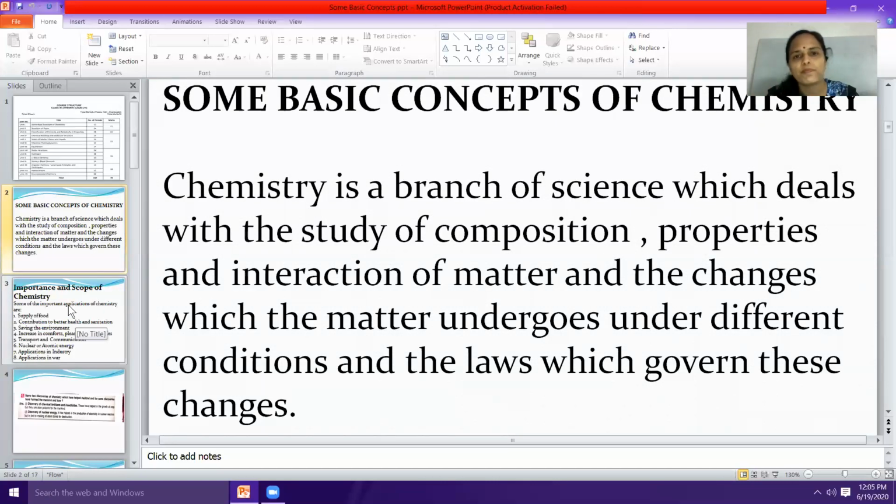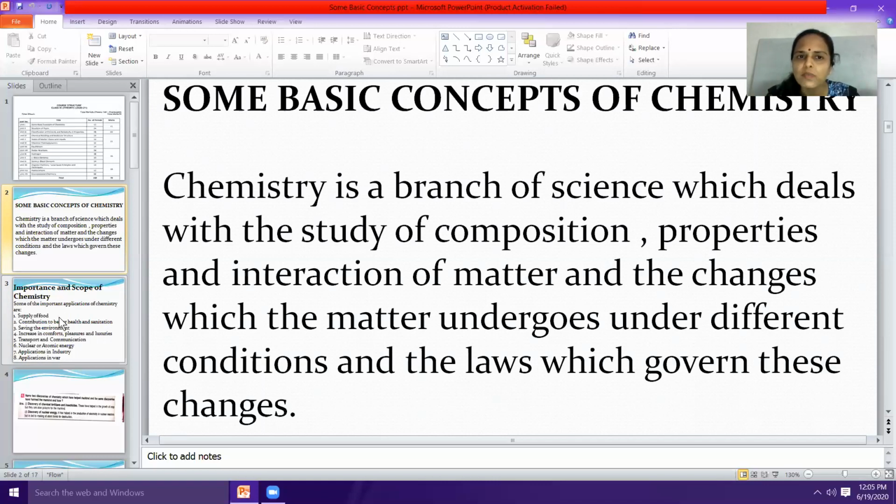In inorganic chemistry, we will be studying the metallurgy part, extraction of metals from their respective ores which are present in the Earth's crust. That part will be studied under a branch of chemistry called inorganic chemistry.